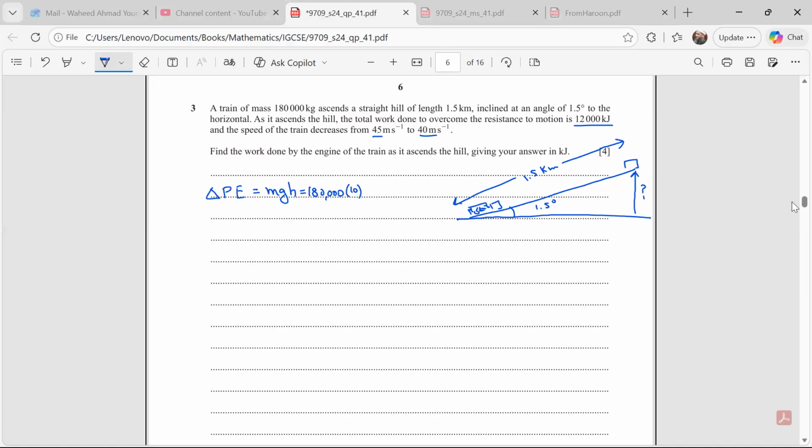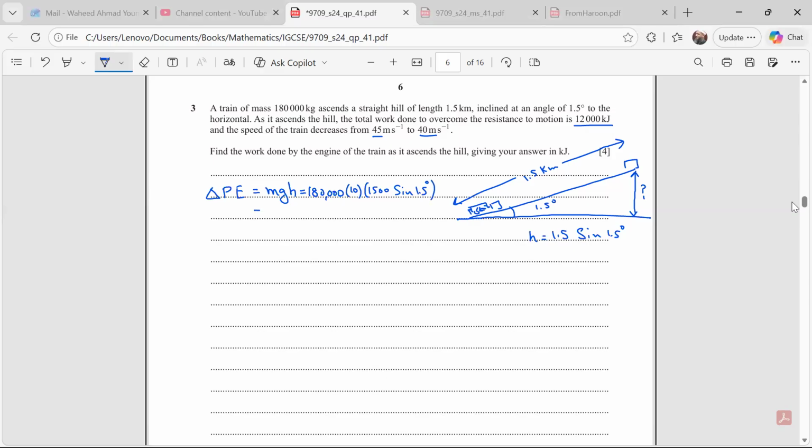This height would be 1.5 kilometers times sine of 1.5 degrees. So in meters, it is going to be 1,500 meters and sine of 1.5 degrees.